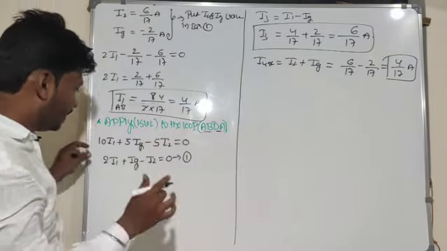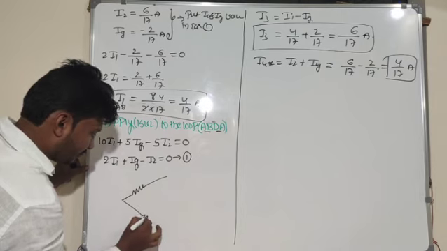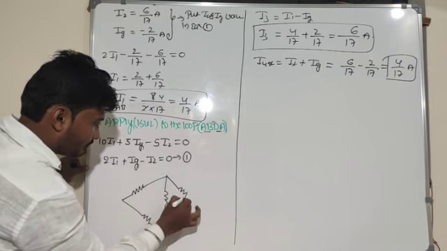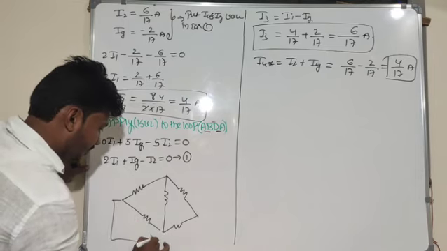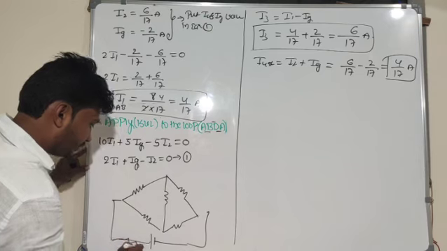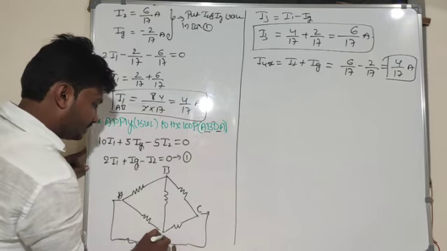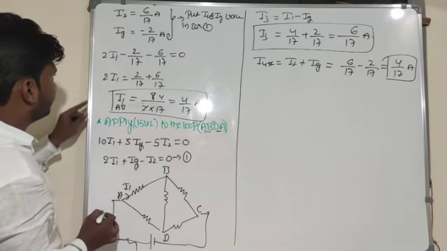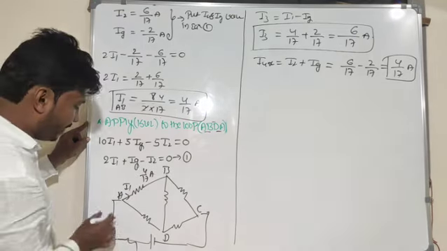So now let me draw that diagram once again. Roughly I will draw. This was the question. This is A, B, C and D. Between AB, current I1 is there. What's the value of I1? 4 by 17 ampere.